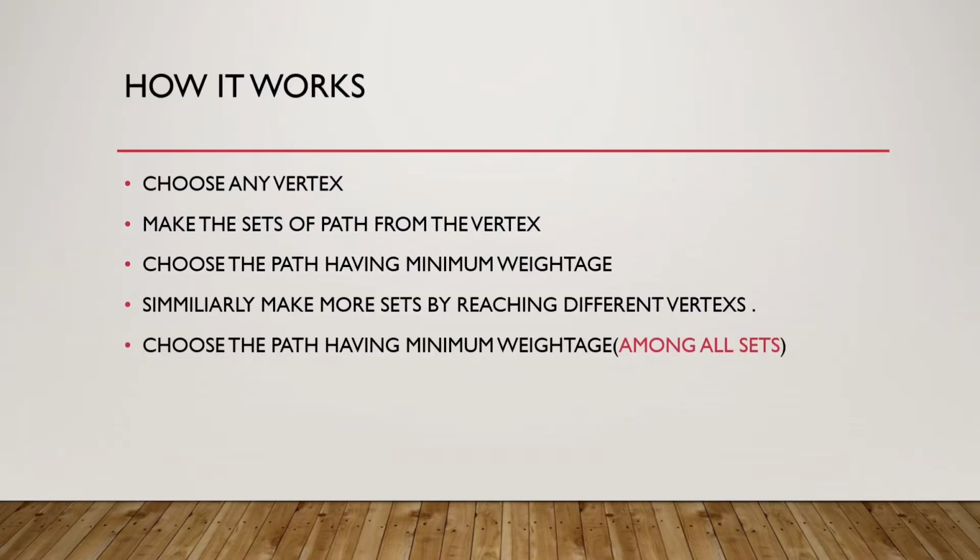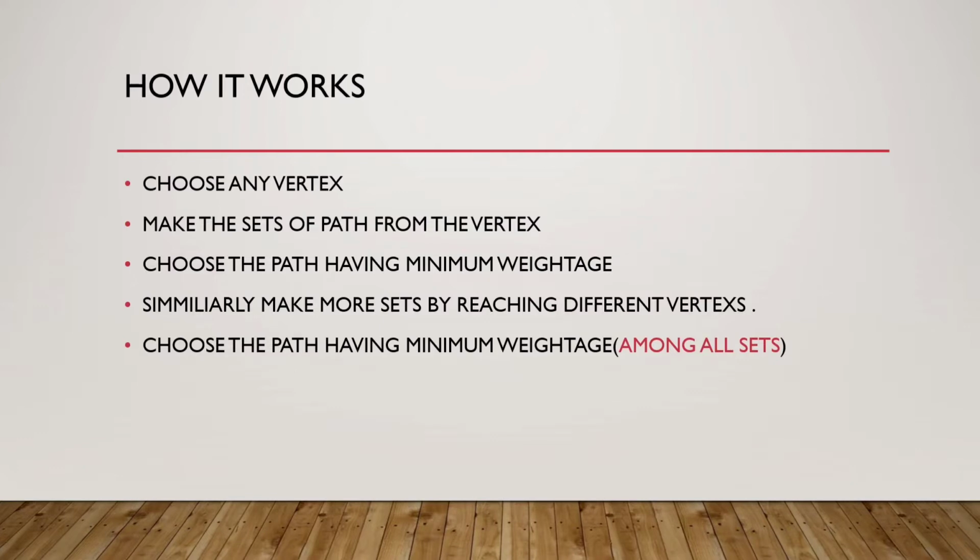Now the question is: how does it work? First of all, you have to choose any vertex. Then make sets of paths from the vertex. Like from vertex A there are two paths, with weights 2 and 3, so you make the set A, which consists of weights 2 as well as 3.